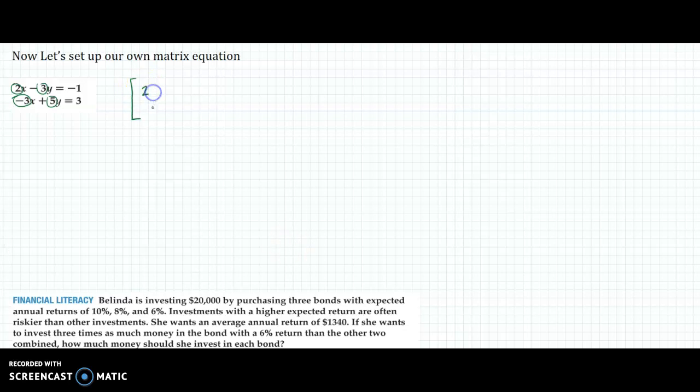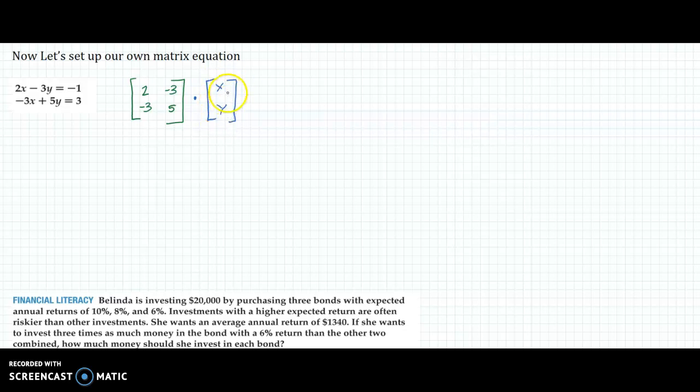So you have 2 and -3 for your first batch of x's, and then your y's would be -3 and 5. Be careful and pay attention to your signs. This is being multiplied by x, y.